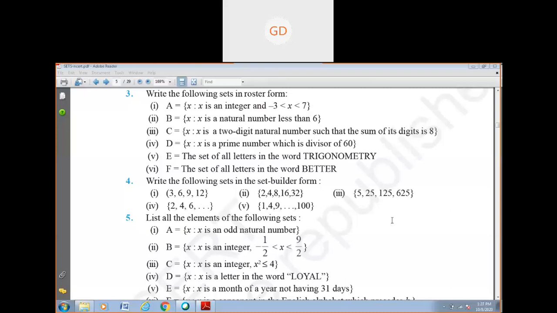X such that x is equal to n square, where n is a natural number less than or equal to 10.